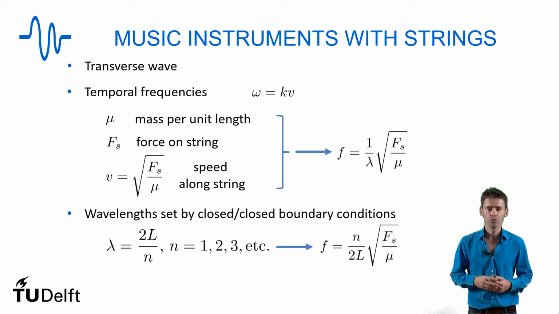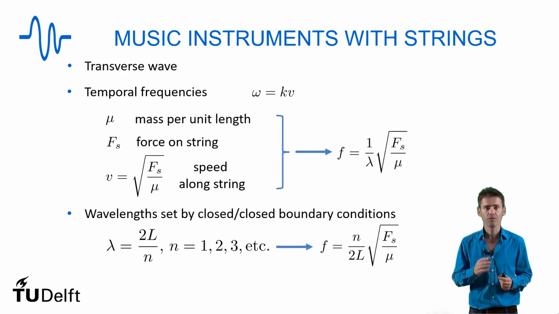If we combine these two, we find that the frequency of the standing wave is equal to 1 over lambda times the square root of Fs over mu. Of course, again, in this case, the wavelength that is supported by the string is given by the boundary conditions. However, in all string instruments, the boundary conditions are that the displacement is 0 at both sides, because that is where the string is suspended between.